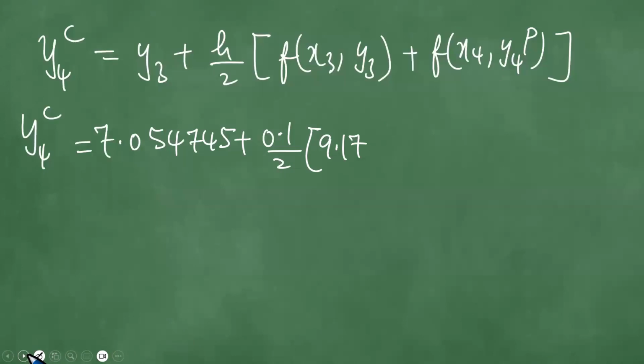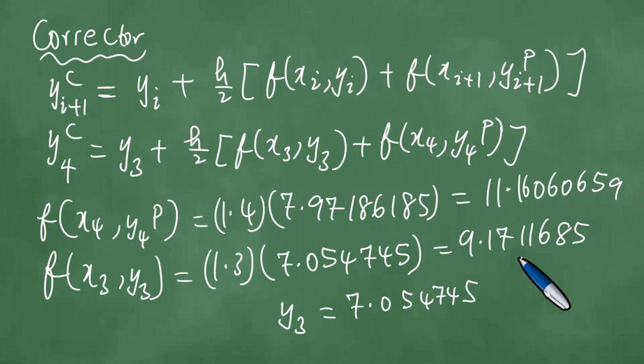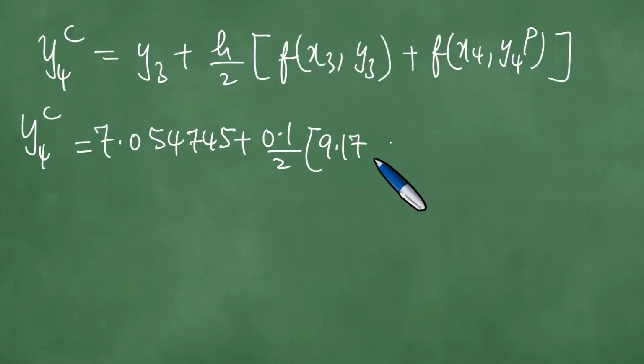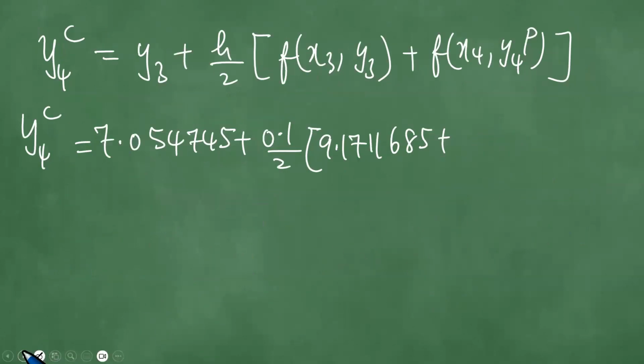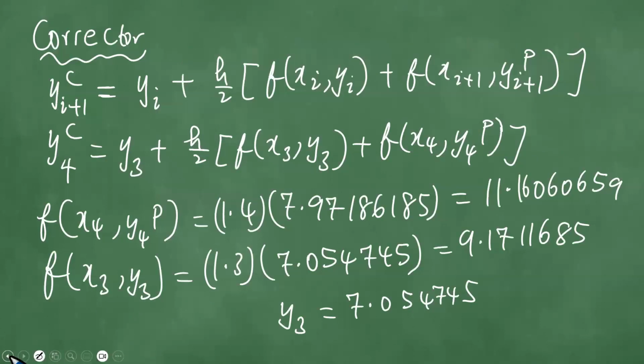Is this f(x3,y3)? Is it 9 point this? Yeah, 9.1711685, plus then you have f of x4, which is this one, f(x4,y4p).